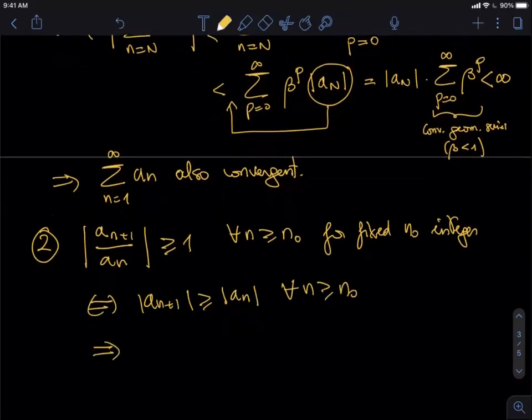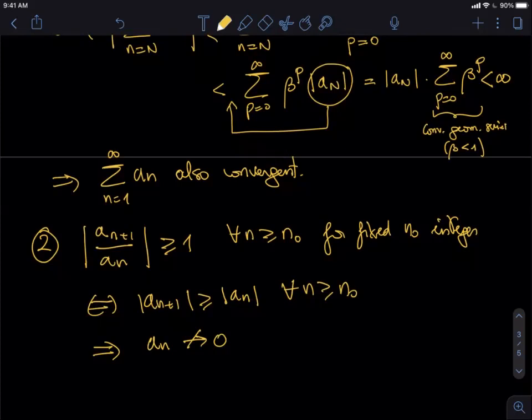And then from here we conclude that a_n cannot go to 0. I mean, the only possibility would be that a_n is always 0. And in that case, well, that's a silly case. We wouldn't really have a series. It would be 0 plus 0 plus 0. That's not interesting.